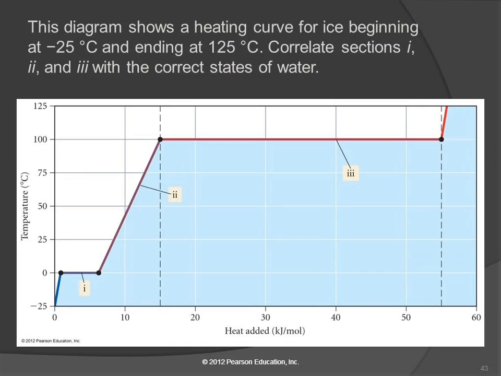So ice can be at like minus 1 degree Celsius, or it could be minus 75 degrees Celsius. Okay? Just like metal, which is a solid, can be at different temperatures. So in this first line, we have ice warming up. What states of water do we have present in this section?